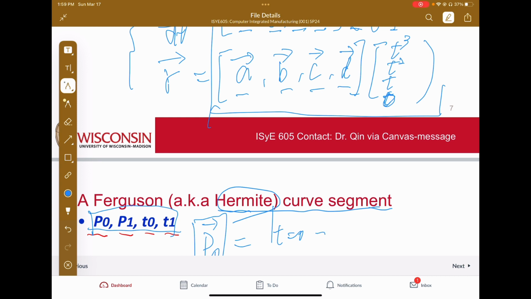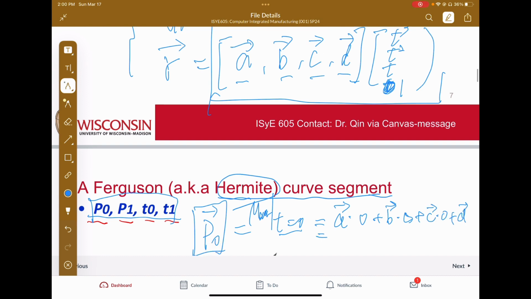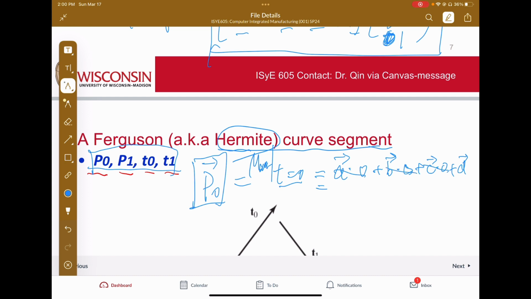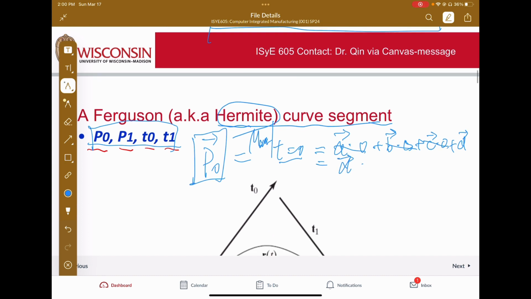So we will get the matrix, this matrix equal to t equals 0. And we put z to 0 and put in, and what we will get? We will get A 0, B 0, C 0, D. So we get D, right?